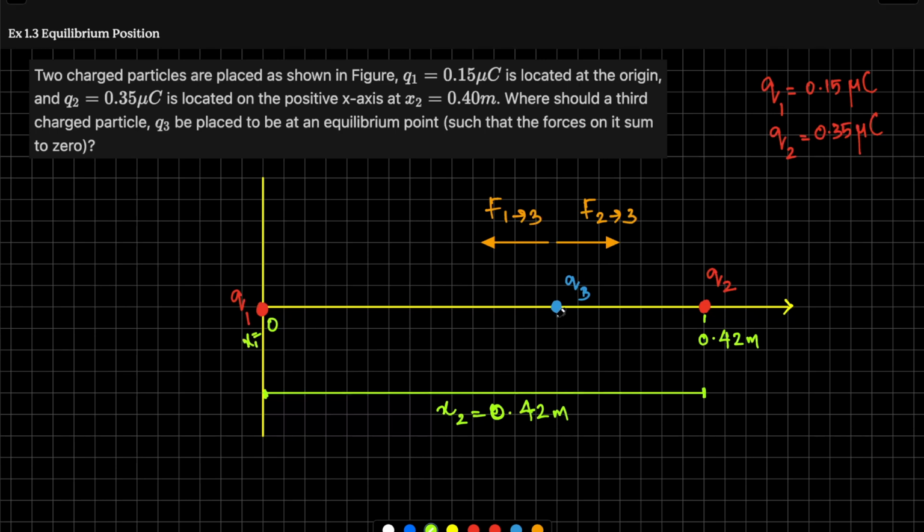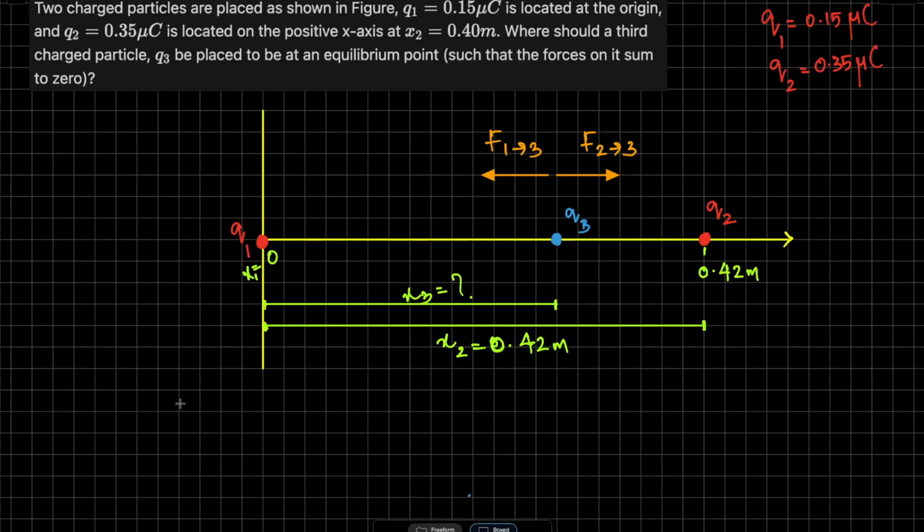Let's call this point x3. So this distance, let's call it x3. We don't know x3. We are going to find x3. Let's find the position of Q3. That is at x3, right?